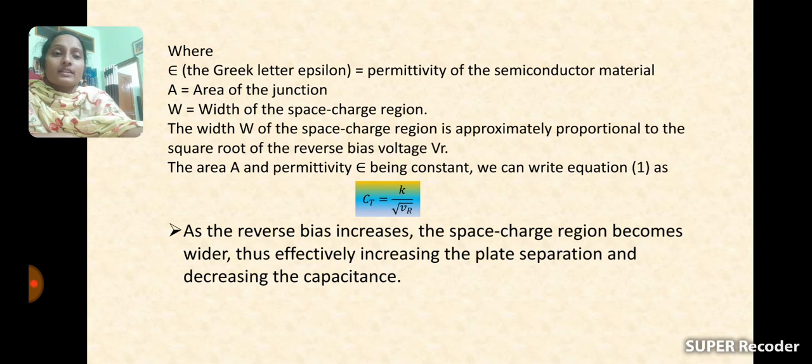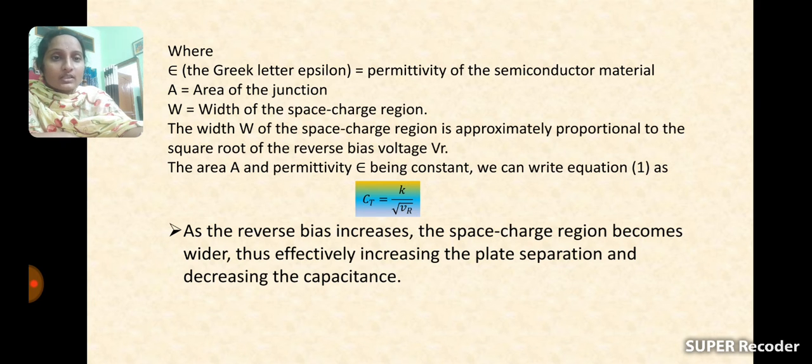As the reverse bias increases, the space charge region becomes wider. This effectively increases the plate separation and decreases the capacitance. So epsilon is the permittivity of the semiconductor material, A is the area of the junction, W is the width of the space charge region, and the width is approximately proportional to the square root of the reverse bias voltage.